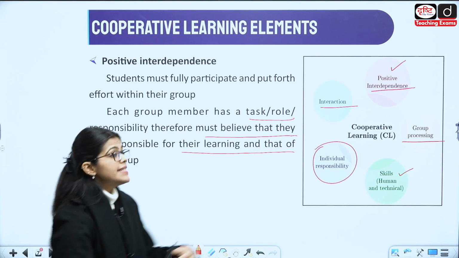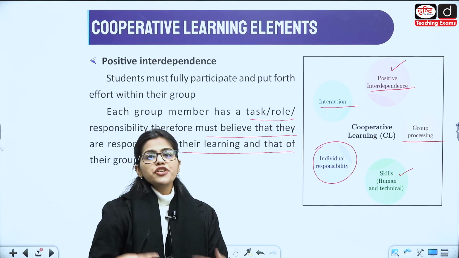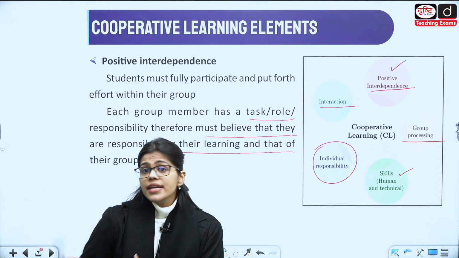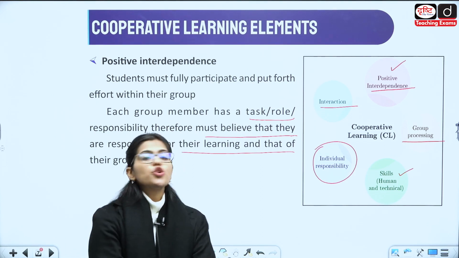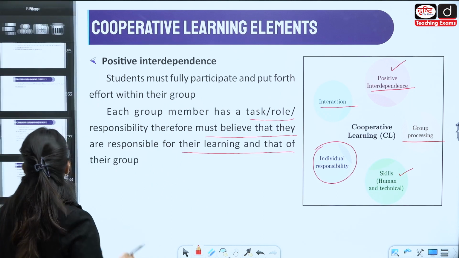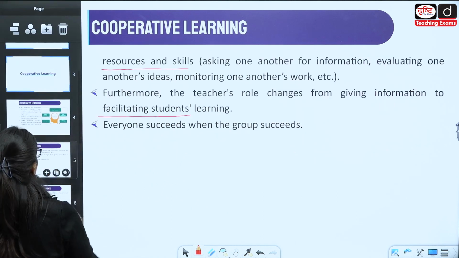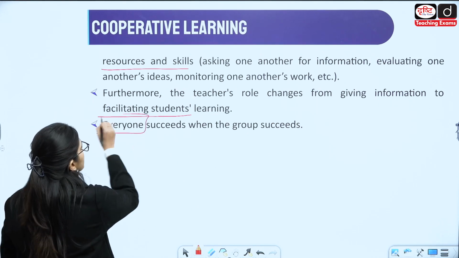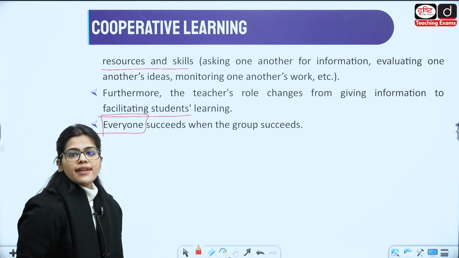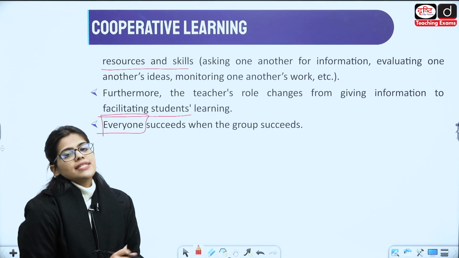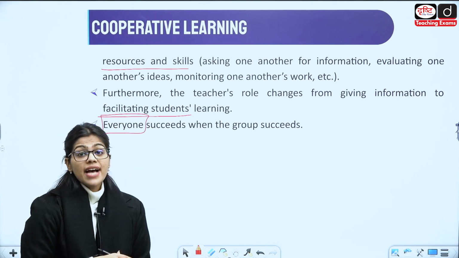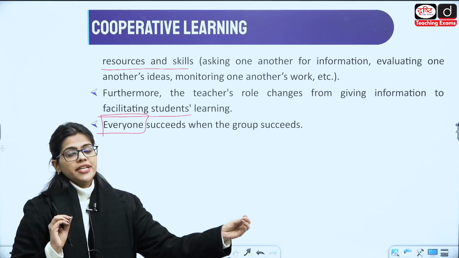If you are intrinsically motivated, then you will lead the group forward also. Each person, when they are intrinsically motivated, the whole group will win. And when the whole group will win, what will happen? When everyone succeeds, the group succeeds. When everyone knows that they are accountable, the group will succeed. And this is the best way of learning in a classroom. It's called cooperative learning, right?